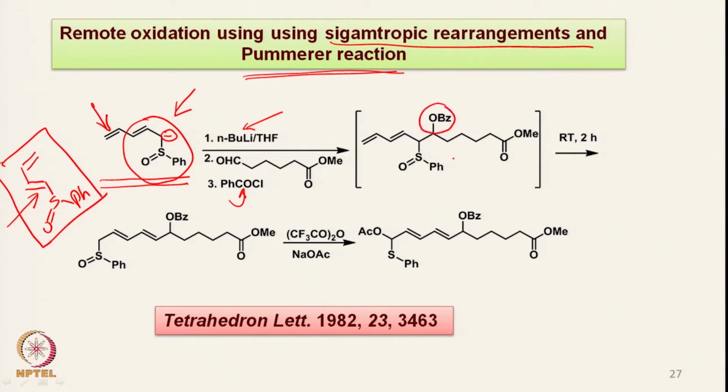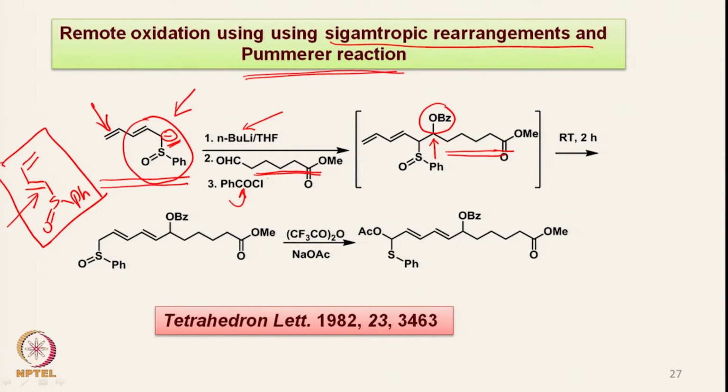So this particular part at this stage is the same part as it is here. This is the aldehyde carbon that is attacked by the negative charge of the anion which is alpha to the sulfoxide, then the aldehyde gives O minus and that O minus attaches to the benzoyl chloride to form this benzoate.